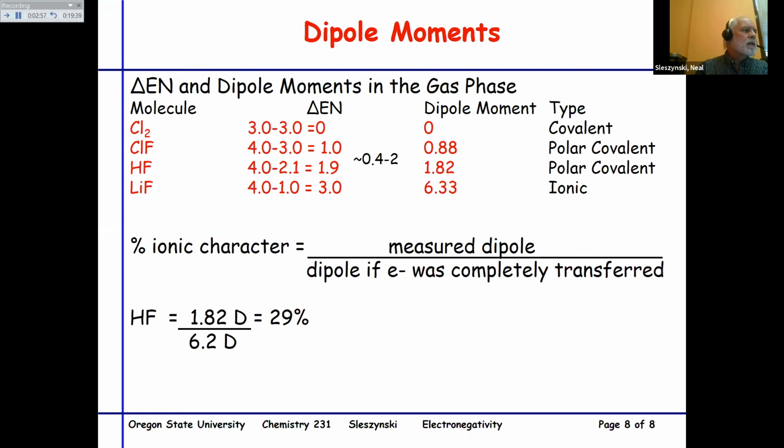If we calculate that value for hydrogen fluoride, we see that HF has a percent ionic character of about 30%, 29%, which classifies this as polar covalent, not ionic. Basic rule of thumb, again, rule of thumb, is we're going to classify a compound as ionic if that ionic percentage is higher than 50%.